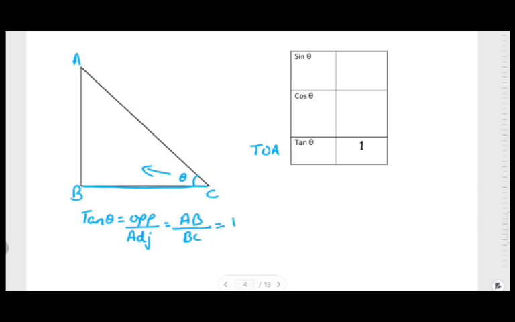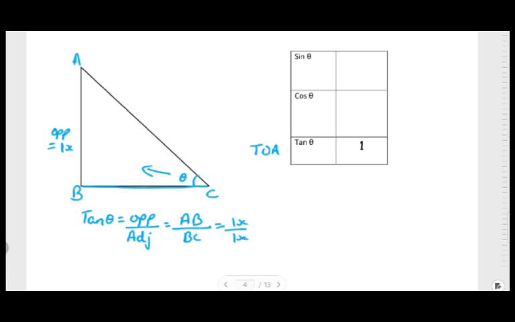But tan value is 1. Can I write 1 as 1 upon 1? If it is a whole number, children, remember, if you want to write a whole number in a fraction form, you can add 1 under it. So this is 1 upon 1. That means my AB, which is my opposite, is 1x, correct?